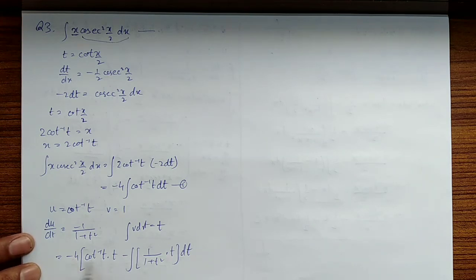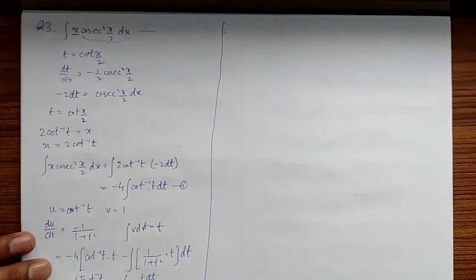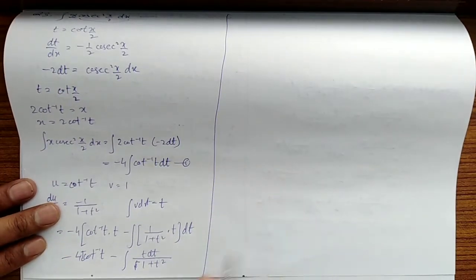Now removing this bracket and rearranging, we get minus 4 cot inverse t, obviously t comes here, and minus integral of t dt upon 1 plus t square. Sorry, this is not root 1 plus t square, it's not visible, so this is how we have written.